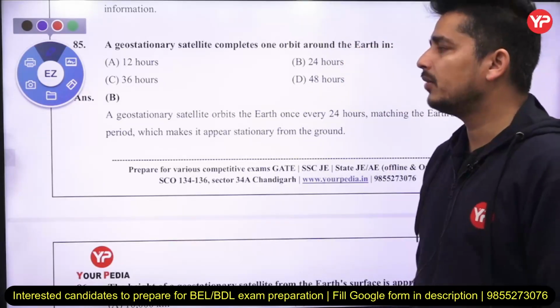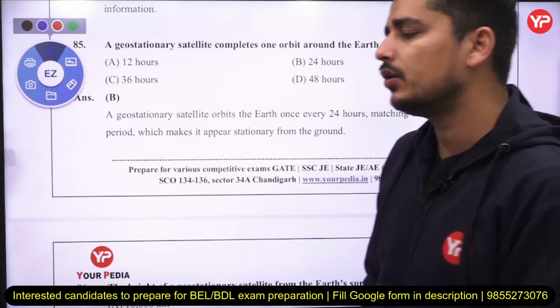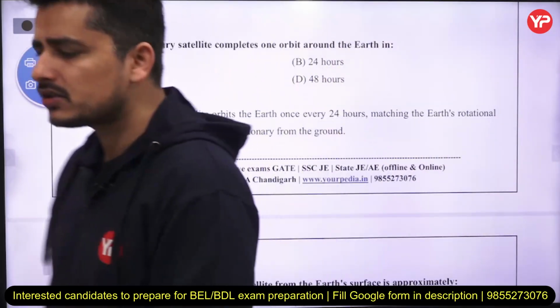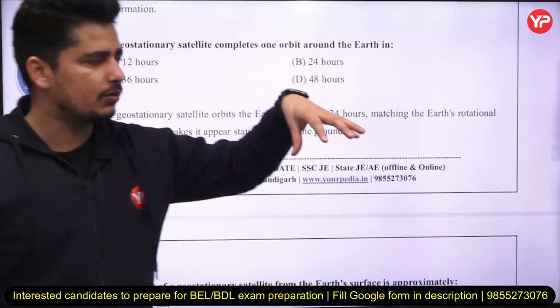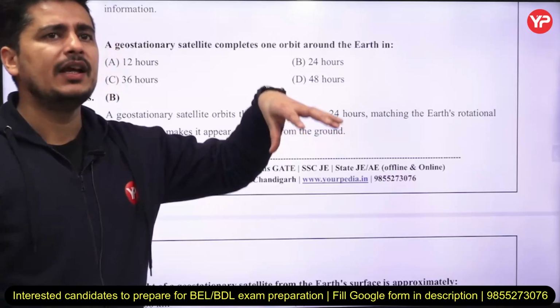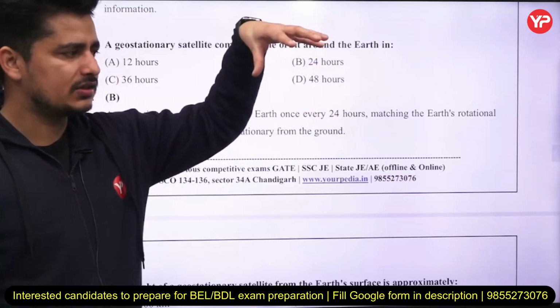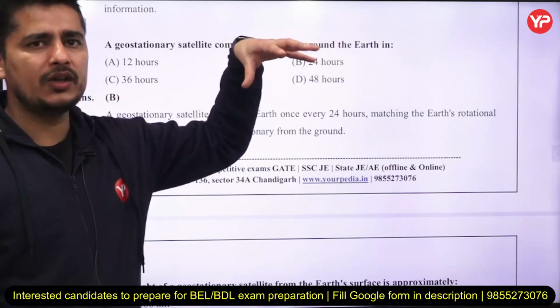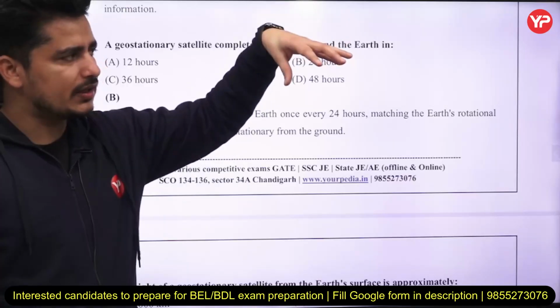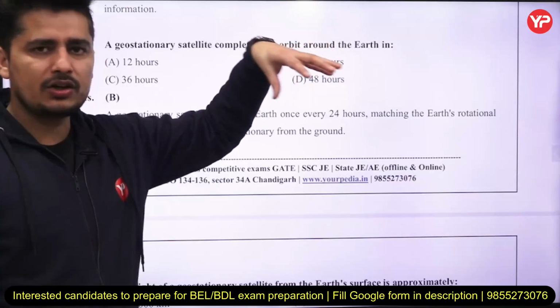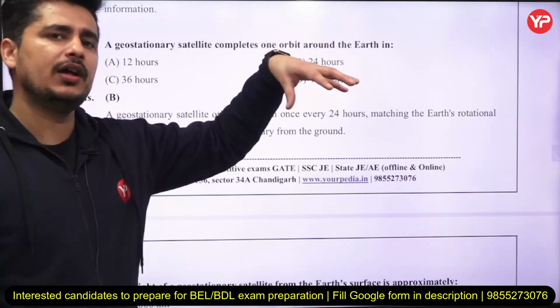See, geosynchronous satellites are those satellites which are stationary over a particular place. Let us take, we send a geosynchronous satellite above New Delhi. So that satellite will stay above New Delhi every time, right?